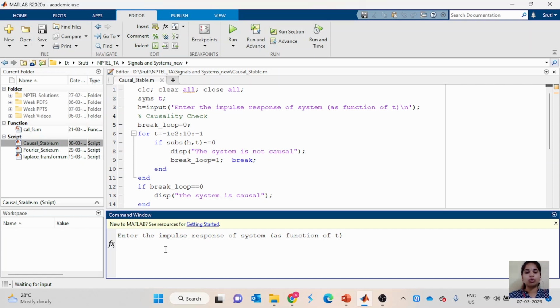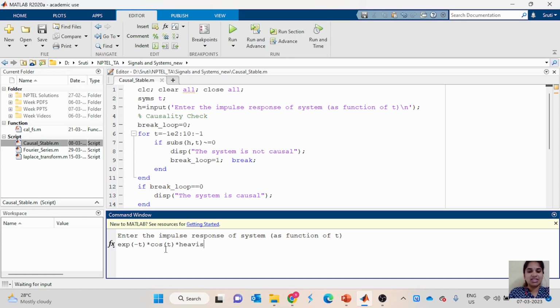Here I am showing you one example. Enter the impulse response of a system. Maybe we can enter e power minus t cos t u of t, which we saw earlier. So e power minus t, where t is our variable, into cos t into the unit step function.